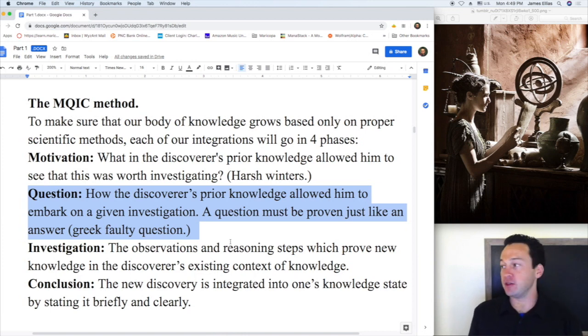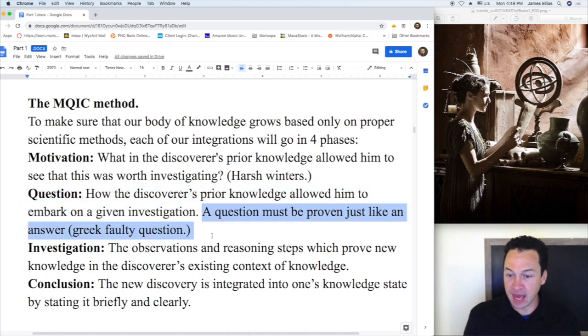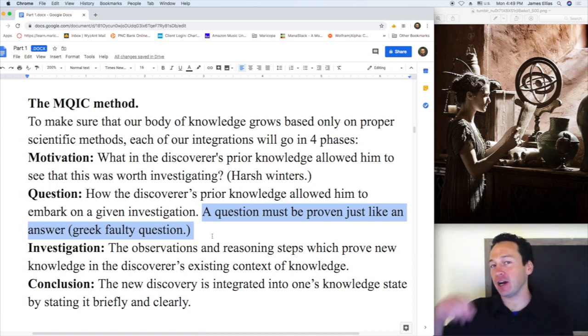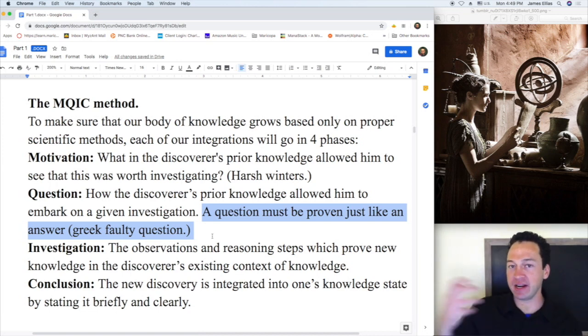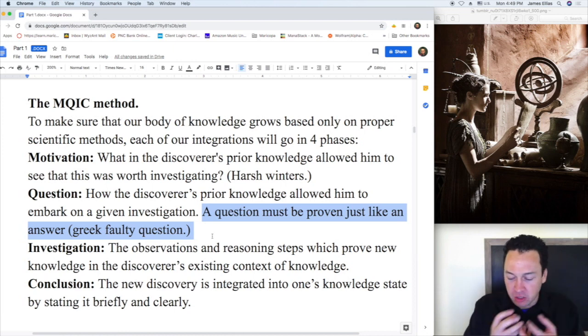And so in general, a question has to be proven in the same way an answer does, because a question brings assumptions with it. A question always represents some sort of integration of your prior knowledge.